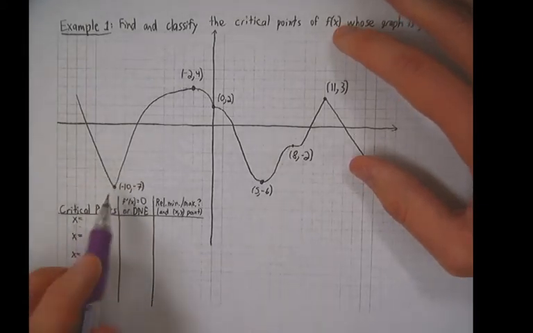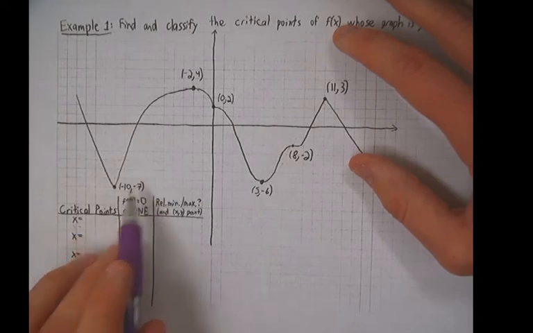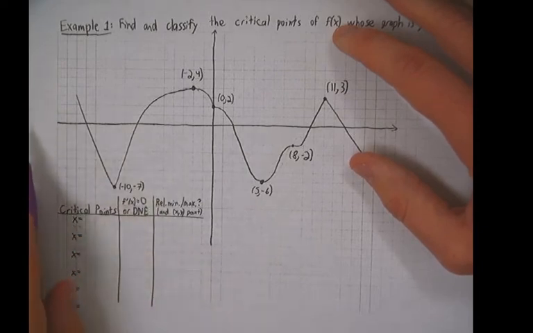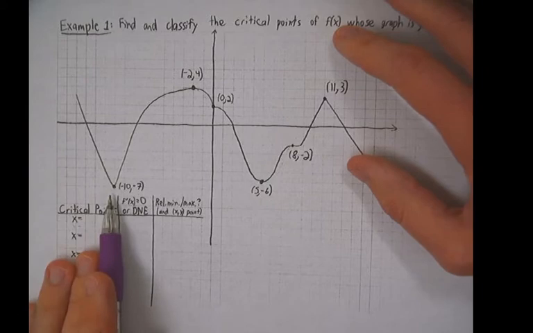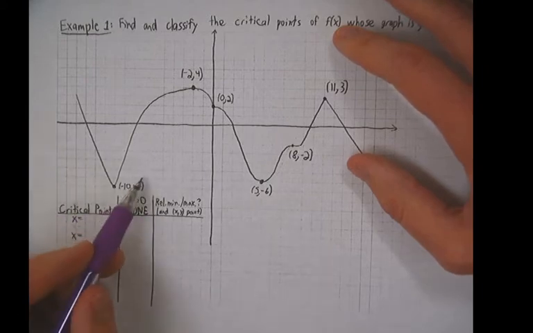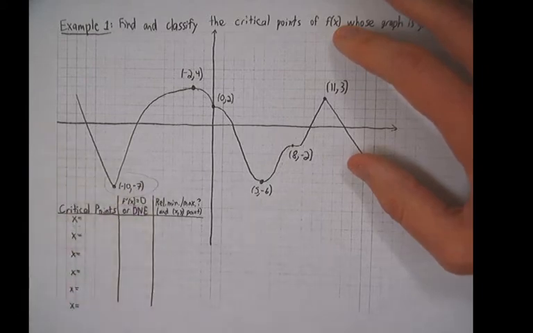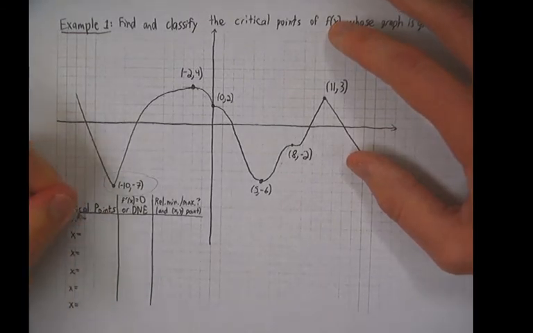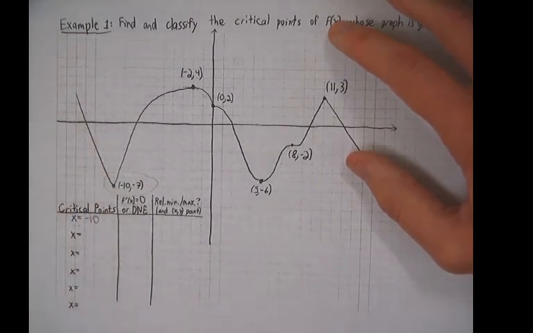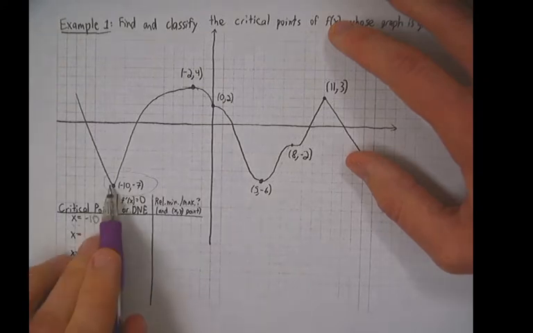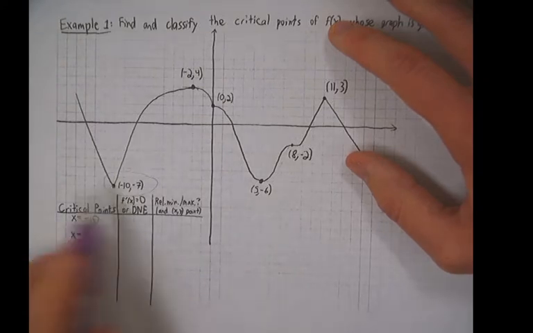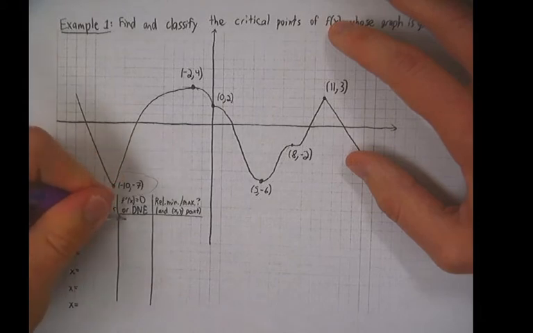I'll do one of them for you guys just to give you an idea of what's happening. If we go down the line, we notice we have one sharp turn already. That corresponds to the critical point at -10. Because this is a sharp turn, the derivative does not exist here.